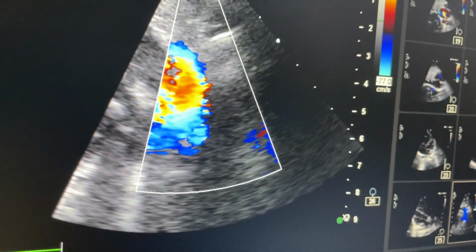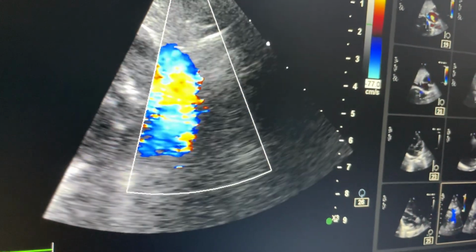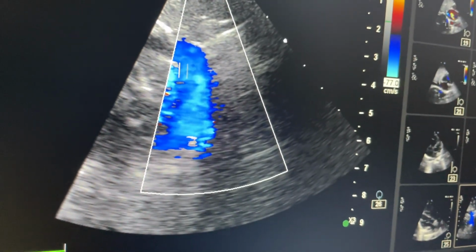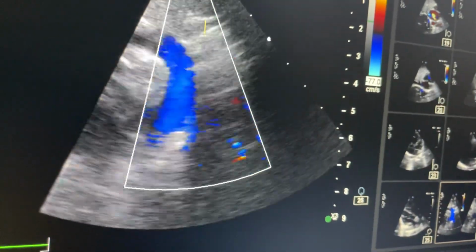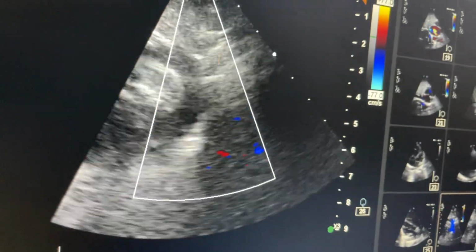You can see this is the arch and descending aorta. So this flow is flowing in the descending aorta, and you can see this blue flow, that is left-sided superior vena cava.